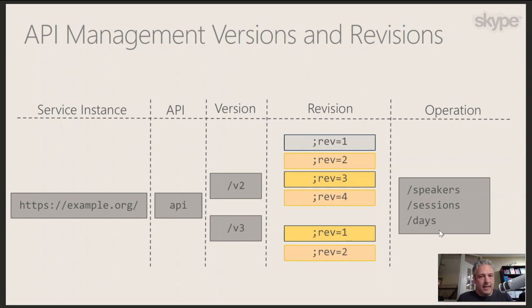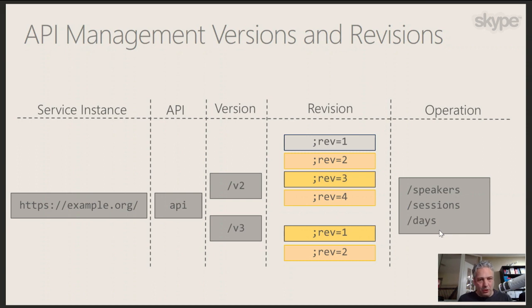The next segment, the revision segment, is kind of hidden. This is not necessary to include because, if you'll notice, revision 3 of V2 and revision 1 of V3 are marked as current, which means if you do not include this matrix parameter, then it will assume you mean revision 3 of version 2 and revision 1 of version 3.